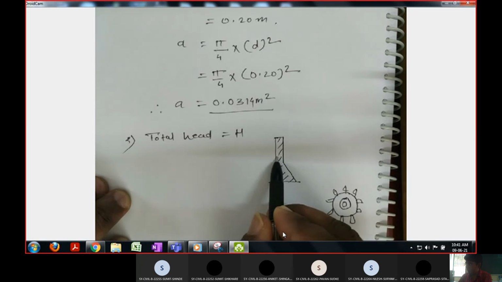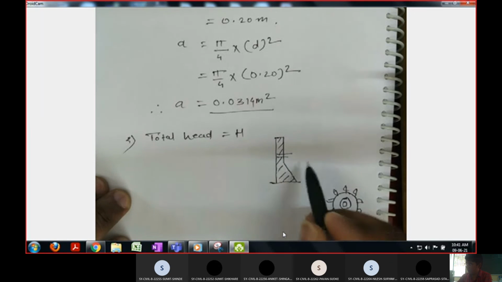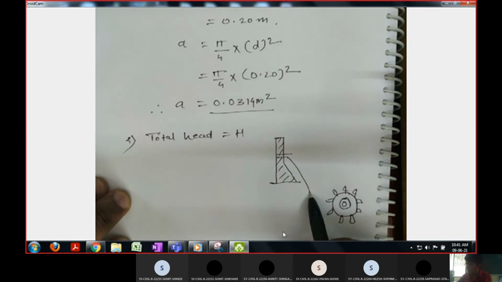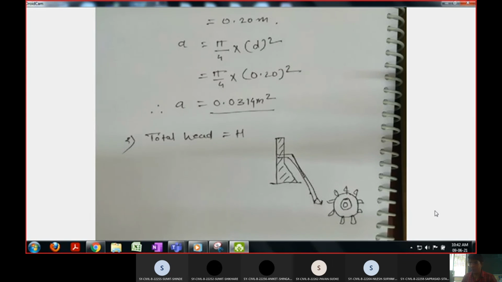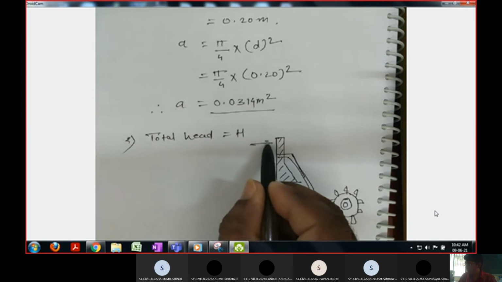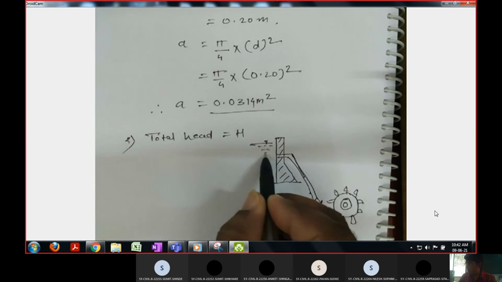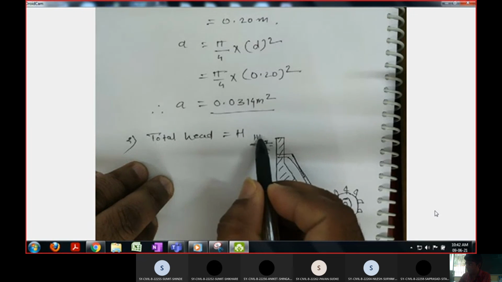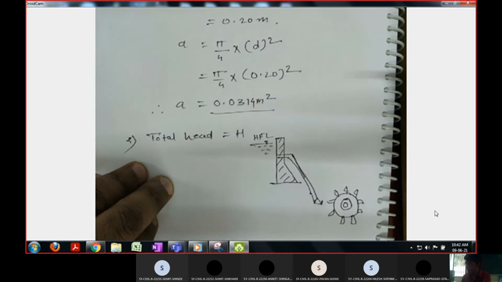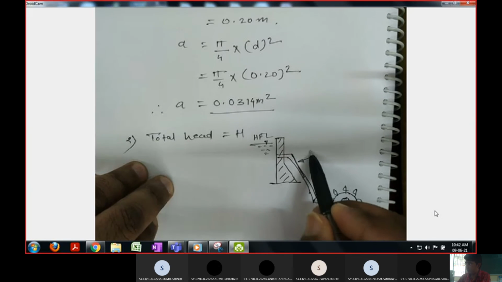Here we have to insert the pipe, which we call a penstock. At the end of this penstock we have a nozzle. This is the water level in the dam, known as HFL, highest flood level, and this is the penstock.